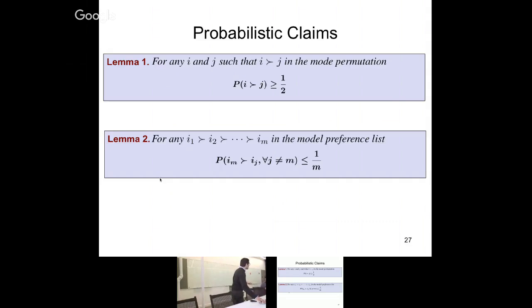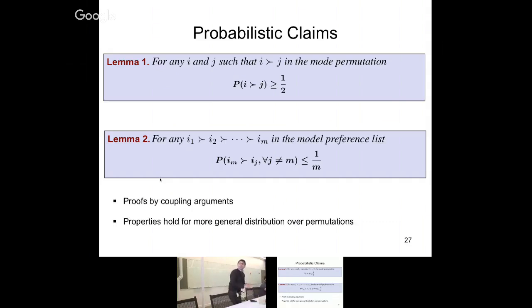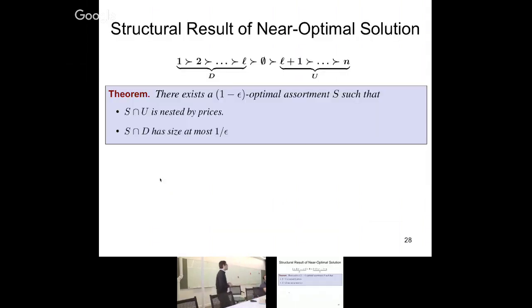These properties allow us to prove the following structural result about a near optimal solution, which is that among these options, the users were indifferent. So just pick the top most expensive products from this. Among these products, there is a near optimal solution where you only need to pick at most 1 over epsilon items.